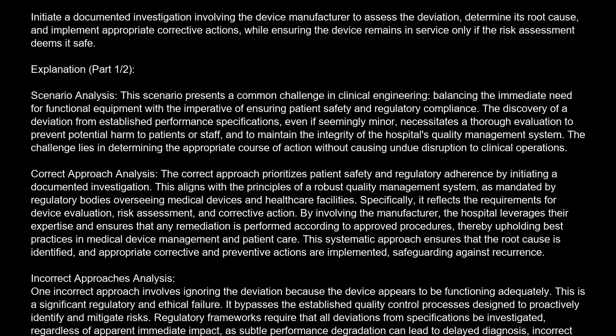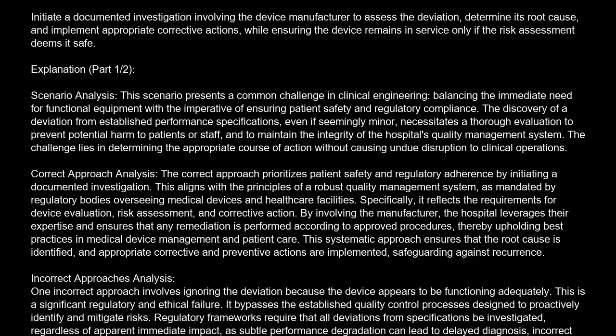By involving the manufacturer, the hospital leverages their expertise and ensures that any remediation is performed according to approved procedures, thereby upholding best practices in medical device management and patient care.